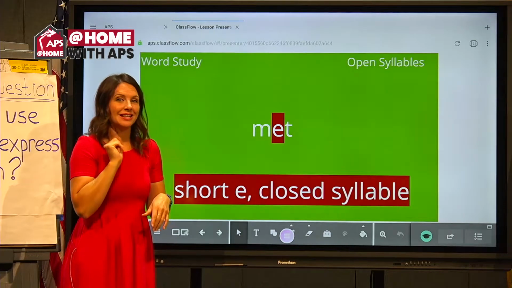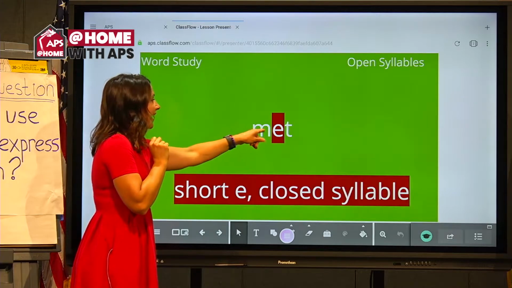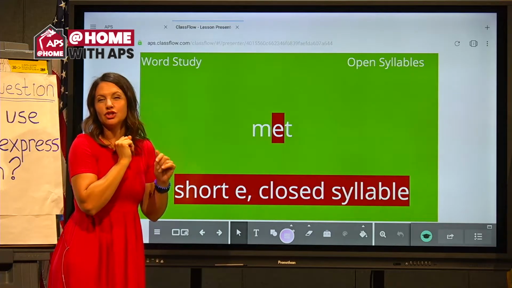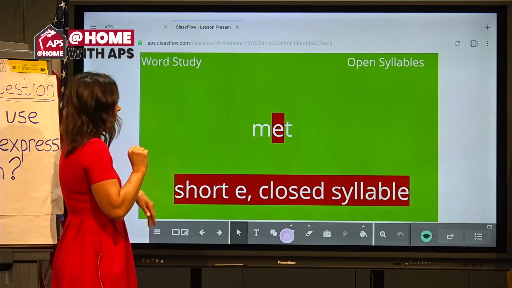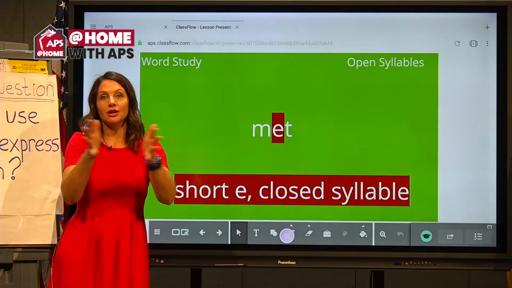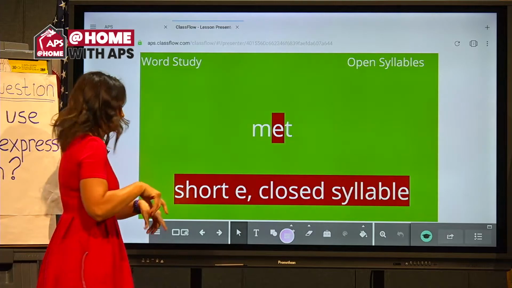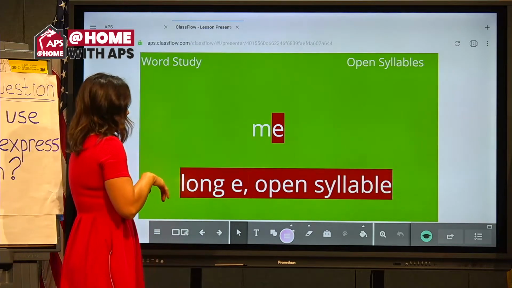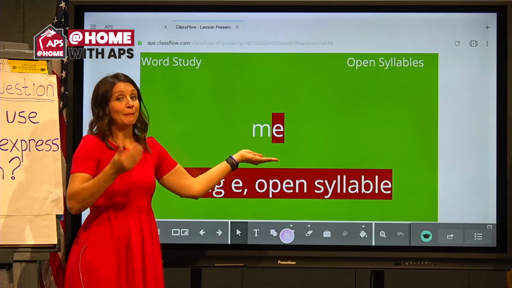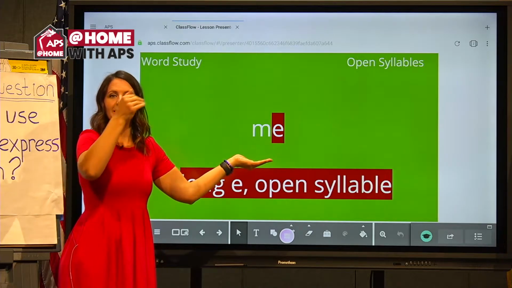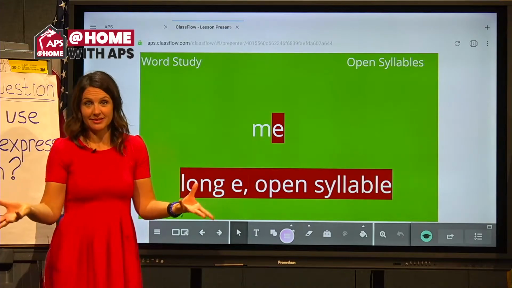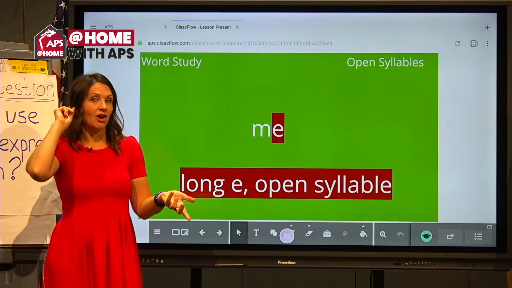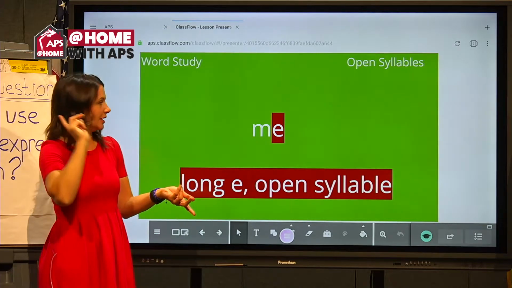I hear a consonant at the end. And that E is making that short E sound. Short E means closed syllable. The word me, E, means it's an open syllable because I hear that long E sound.